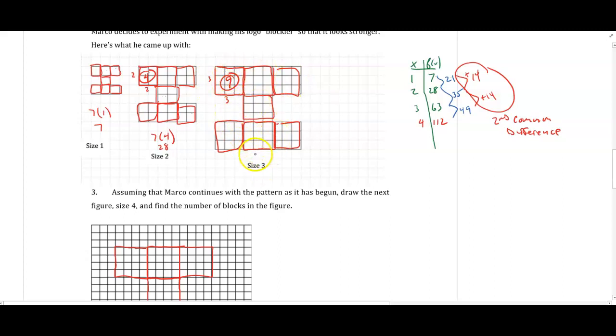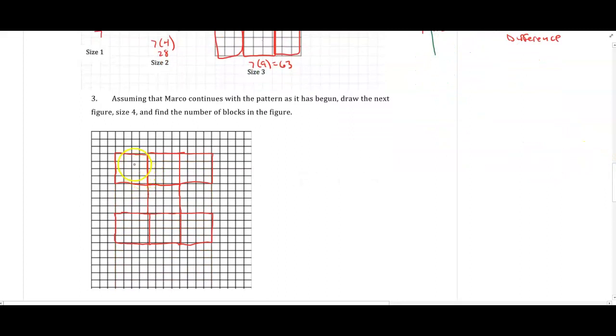And if there's 7 squares, 7 times 9 is 63. Does that work for this one down here? Well, size 4 is 4 by 4, which is 16 blocks, so 7 times 16 blocks in each square would give you 112.